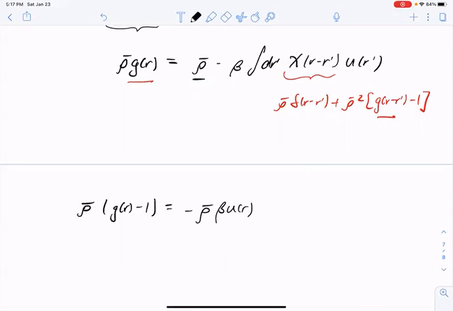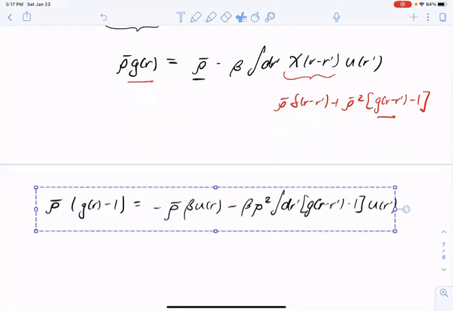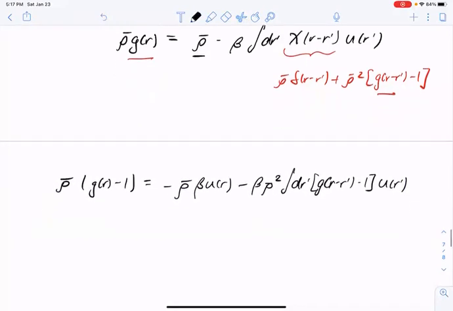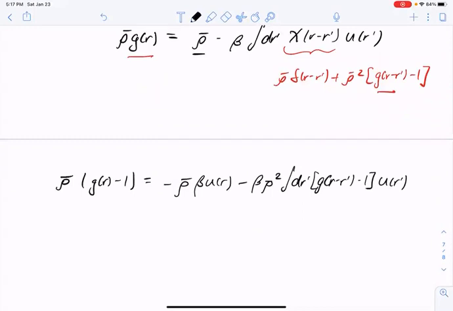And the next order term would be minus beta rho squared integral over r prime g of r minus r prime minus 1 times u of r prime. So that follows from introducing the response function chi under that integral and using one of those integrals being the delta function.